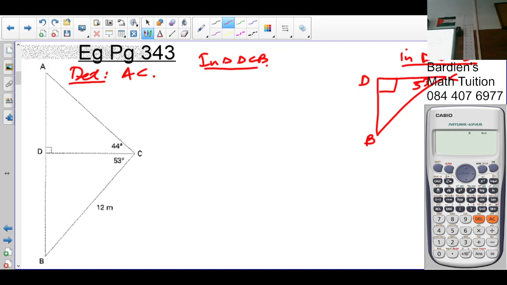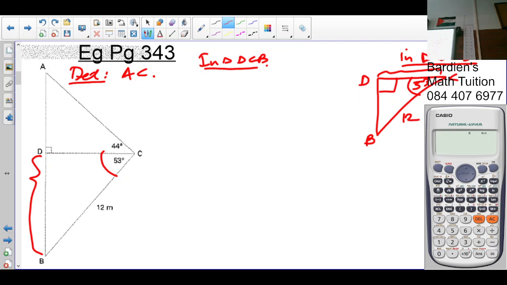Looking at the other triangle, this is 12 here. I can actually calculate DC and I can calculate DB at this point. But if I calculate DB, that is not going to help me determine AC. So that is not the link between the two triangles. DC is the link between the two triangles. Can you see that, people?